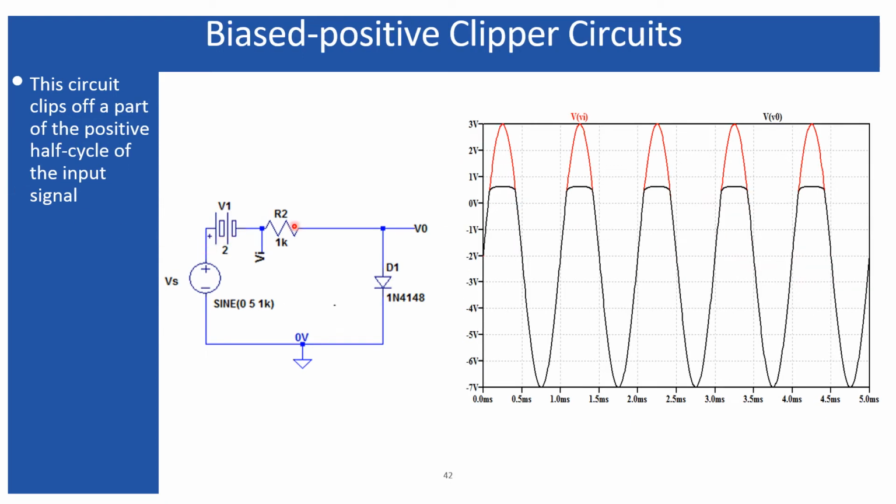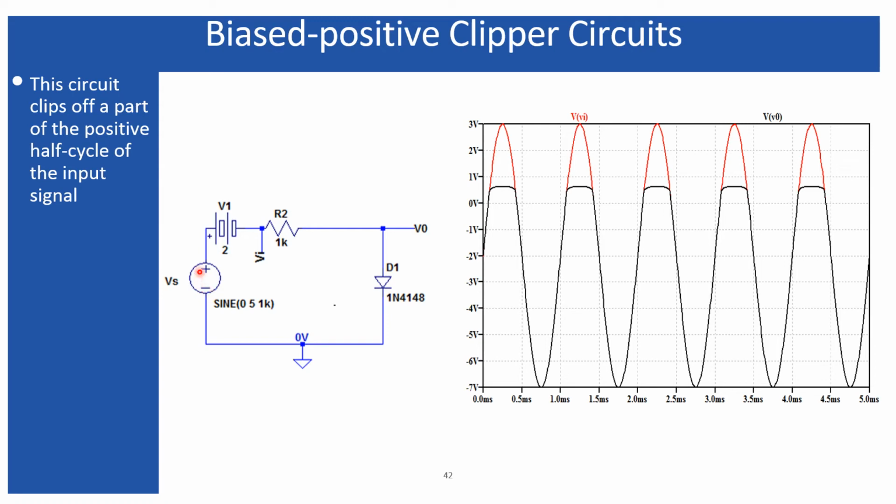So this is the example of a biased positive clipper circuit. Similar to the circuit I used for the biased negative clipper circuit, here also I have incorporated a DC voltage source. But in this particular case, the orientation of the DC voltage source is such that it opposes this AC signal when it is in its positive half cycle.